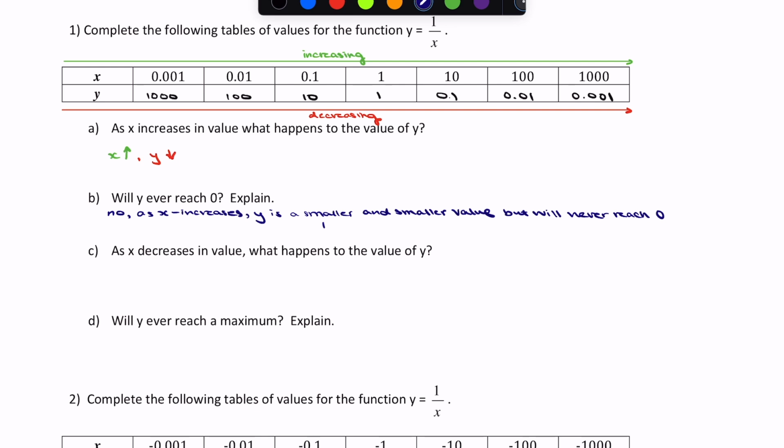So here again, if we do 1 over positive infinity, a very, very large number, y will just give us a very small number.